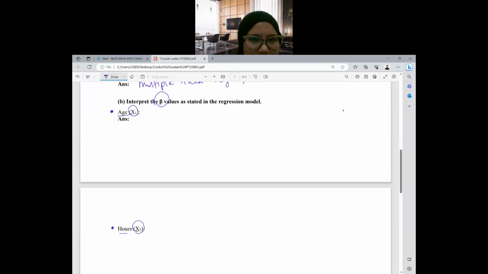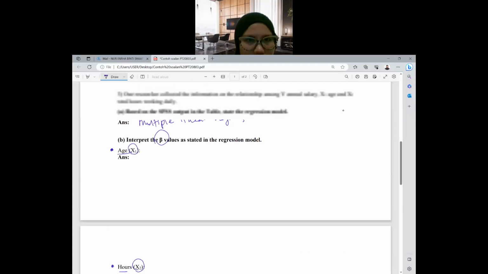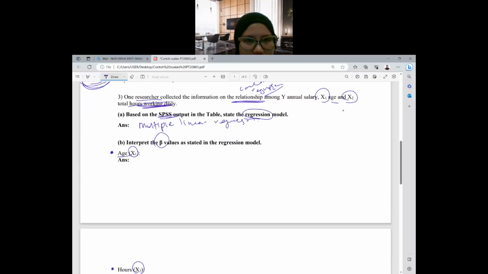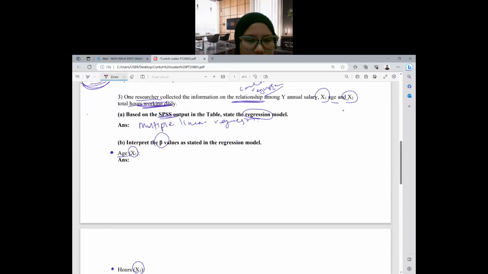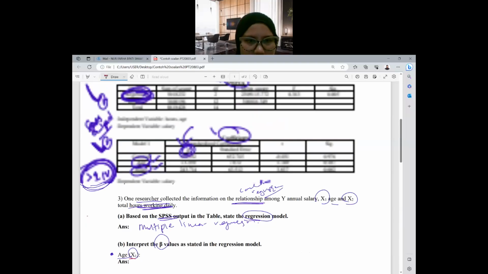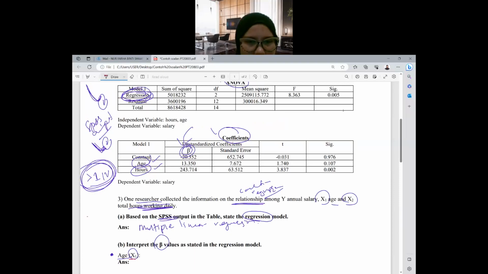All right, now allow me to change the color for this marker. You need to talk about the age first, which I have stated as x1. The beta value for the age, if you refer to the table here, is 13.35.